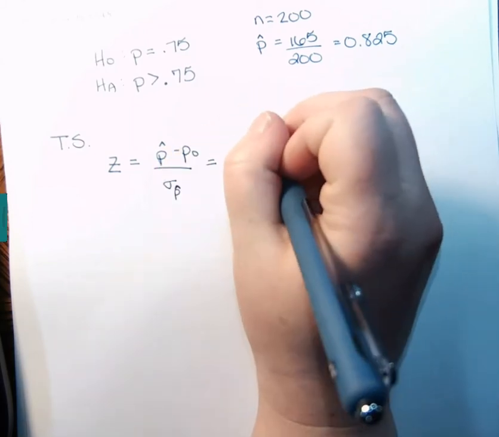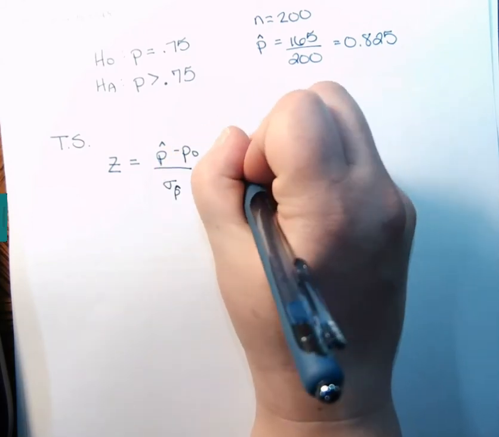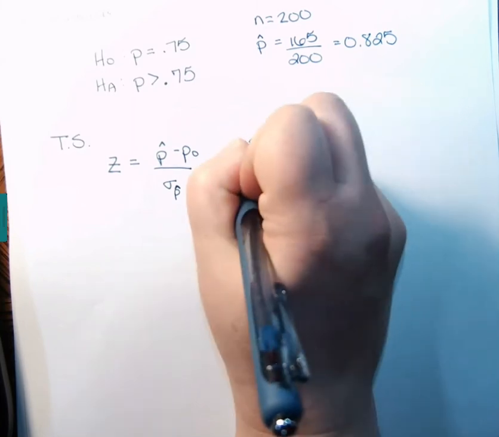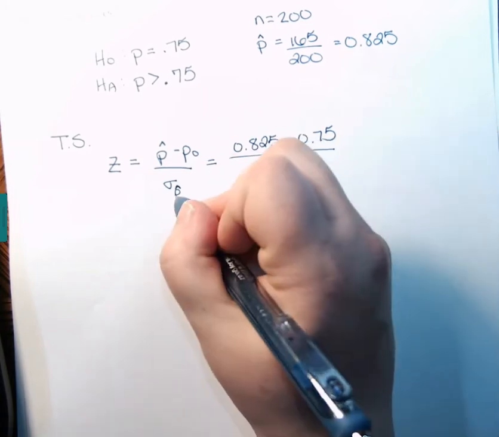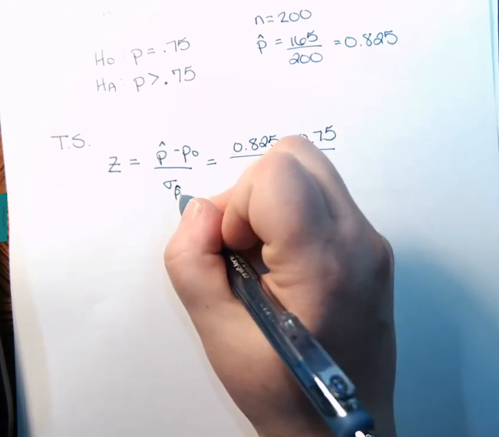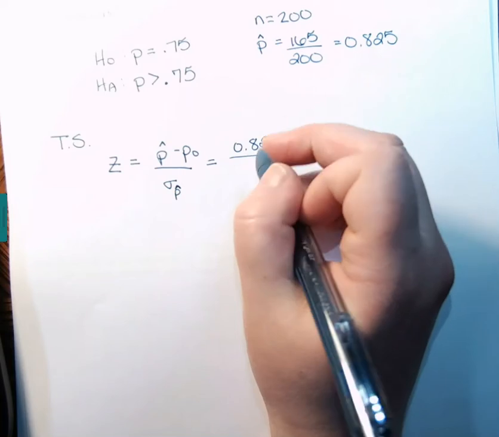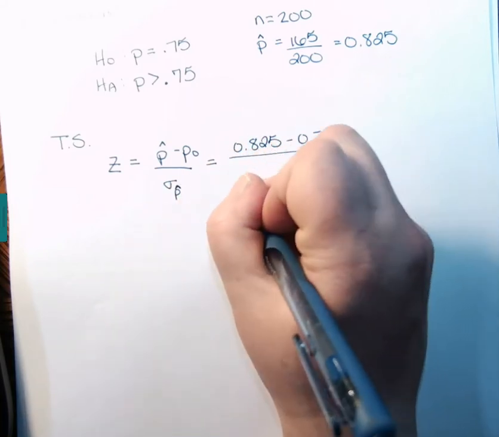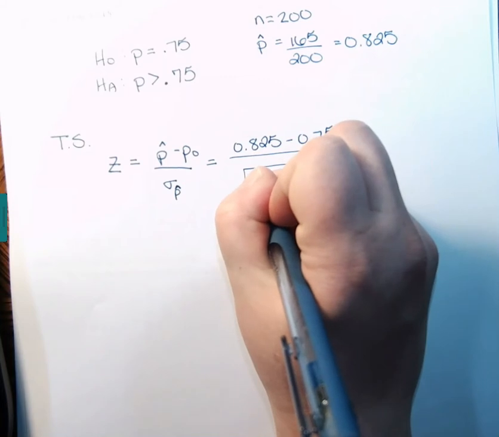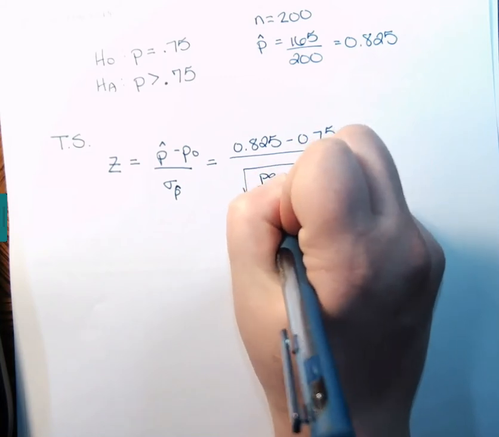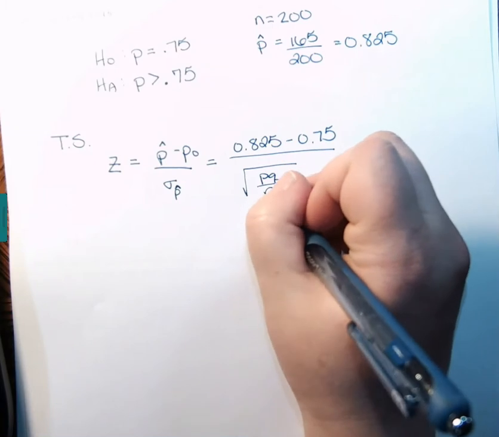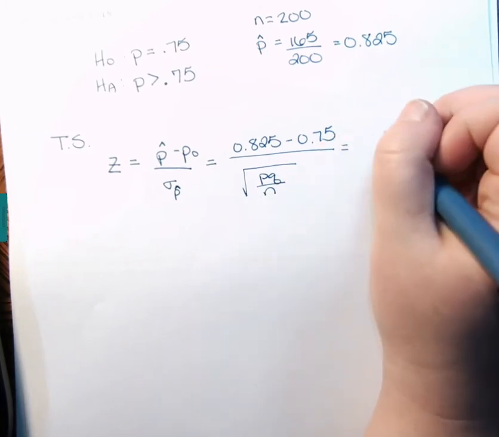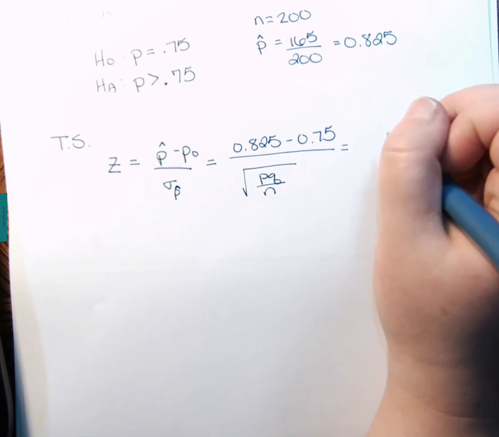All right, back to our test statistic, plugging in these values. And notice when we calculate sigma p hat, this would typically be equal to the square root of p times q divided by n, but we don't know what p times q is, so what we do is estimate that using the value of p under the null hypothesis.